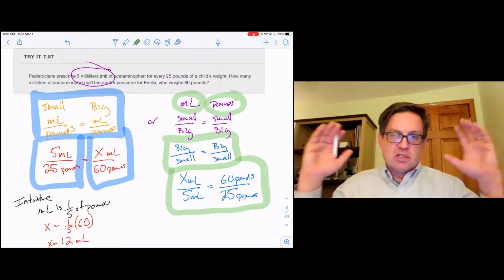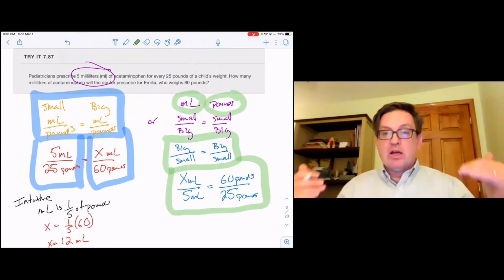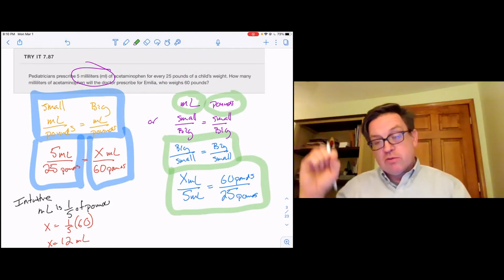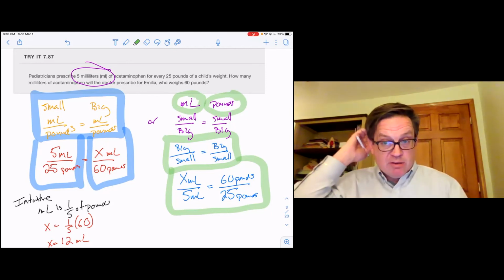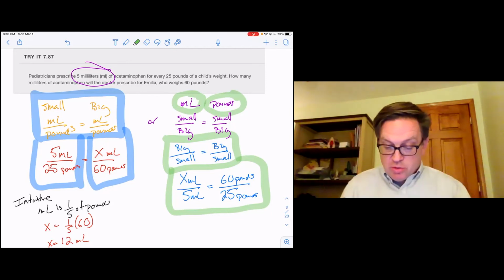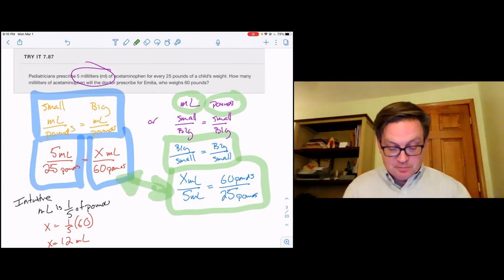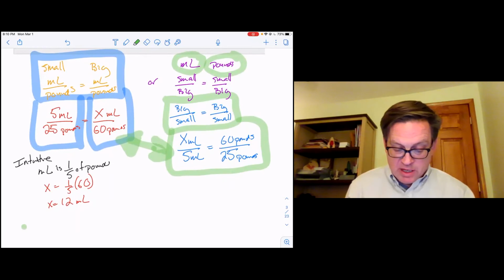X milliliters, which is the dosage for Amelia, over the 5 milliliters small dosage, should be Amelia's weight over the small weight. So X over 5 equals 60 over 25. I can get either of those two relationships, these two sets of fractions, and whichever one's easiest to solve, that's great.